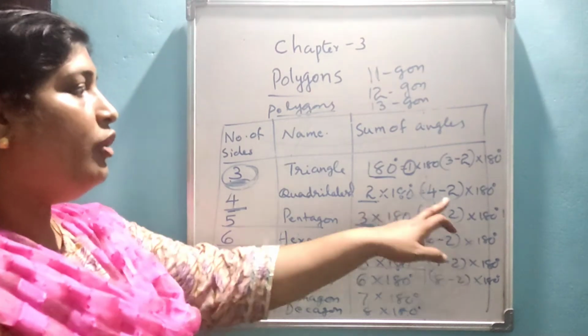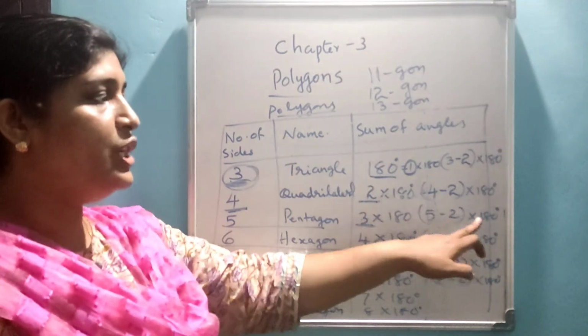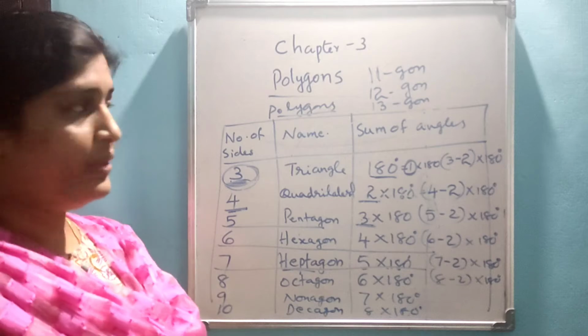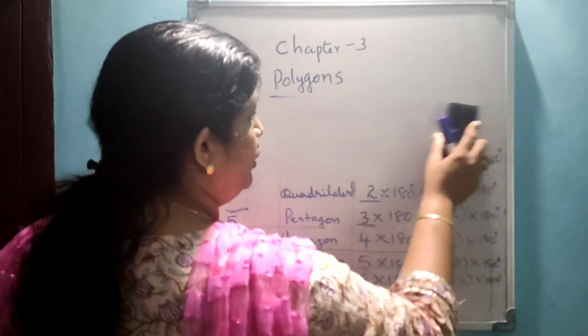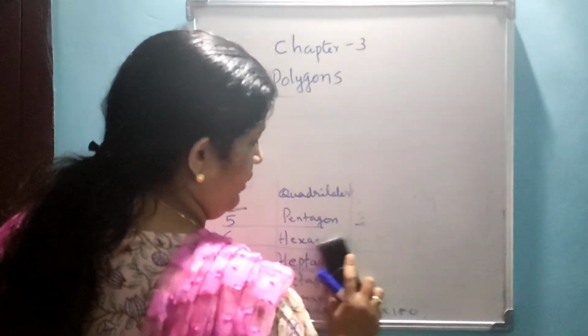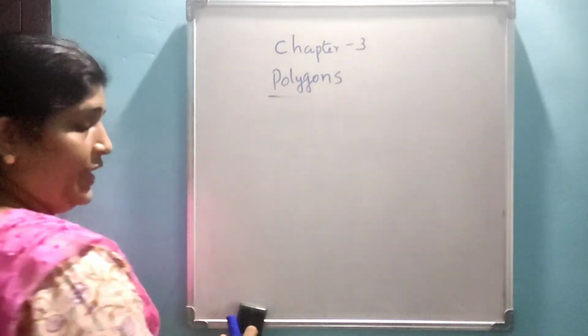See, the sum of angles is always number of sides minus 2 into 180, right? Now we are going to frame an equation for the sum of angles of a polygon.